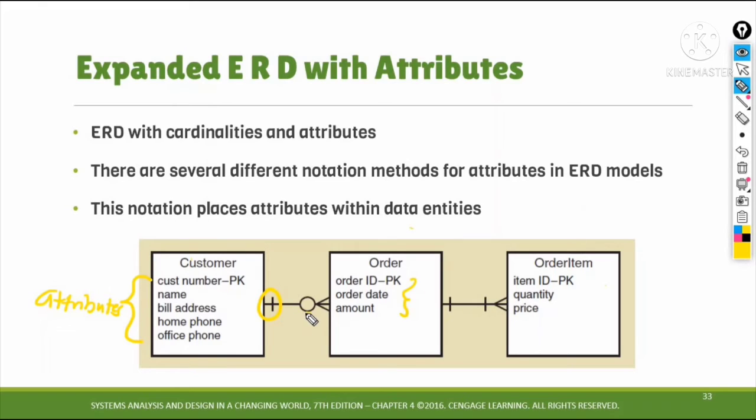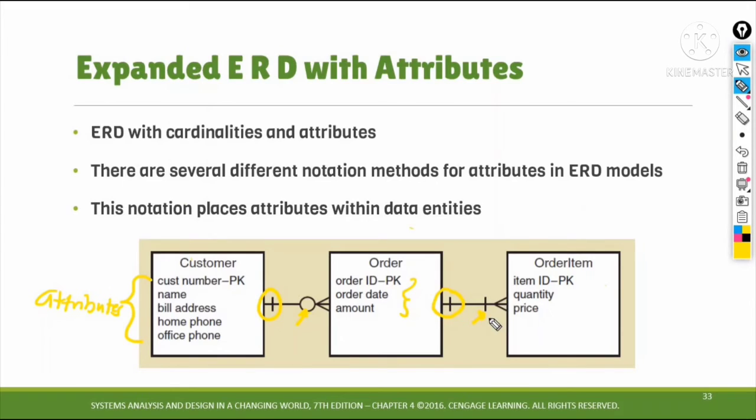And this symbol here means that a customer can place 0 to many orders. So this symbolizes 0 to many associations. So per order, an order could be a minimum of one.